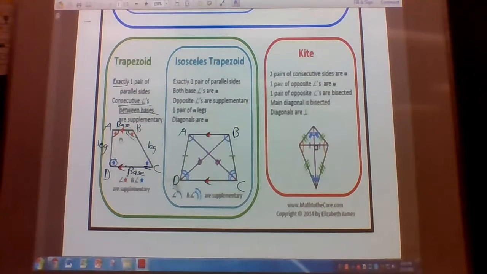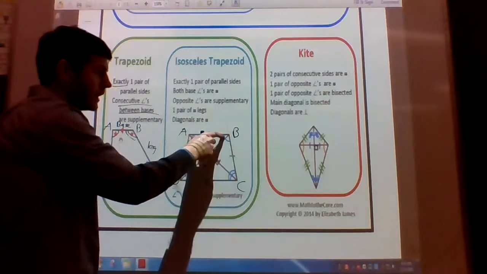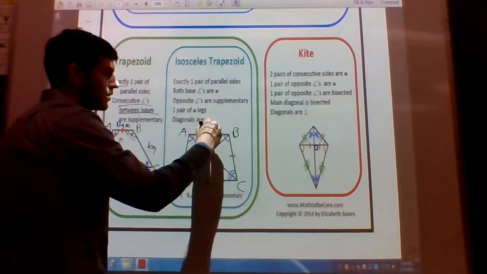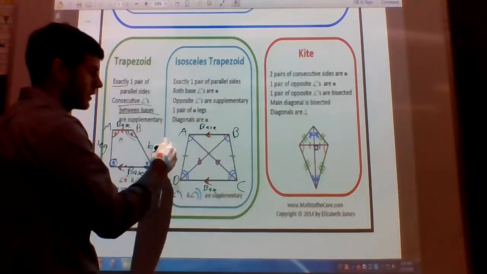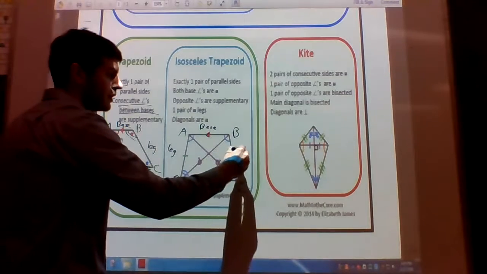Then it says both base angles are congruent. AB is a base, DC is a base, AD is a leg, and BC is a leg.